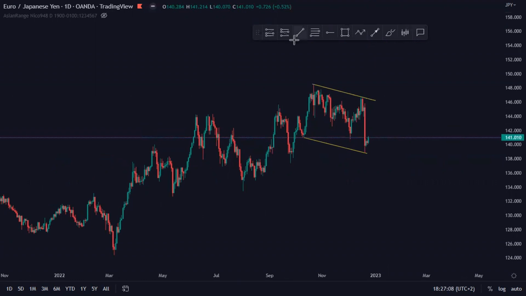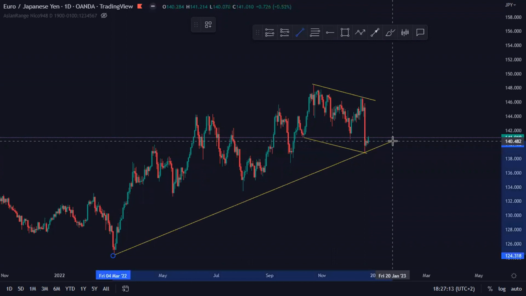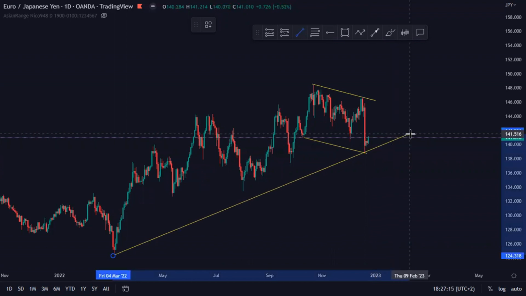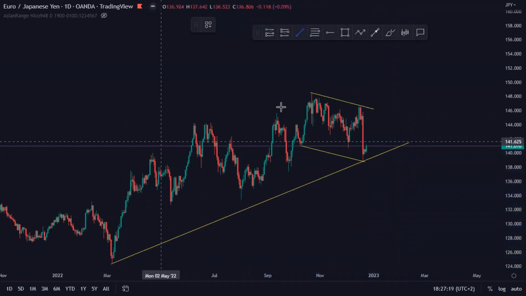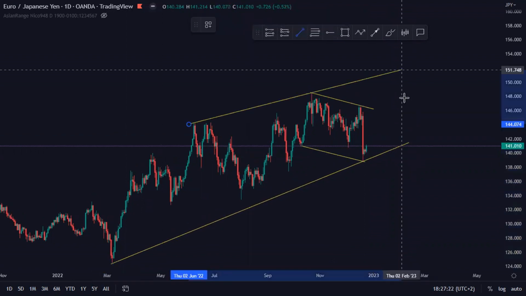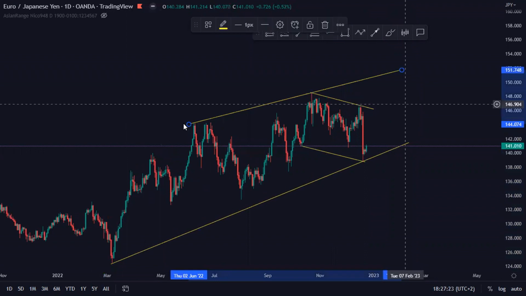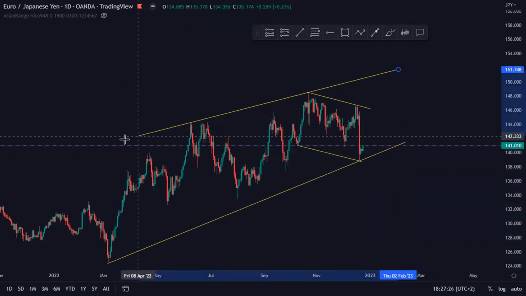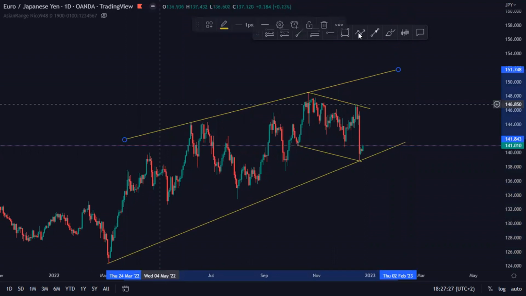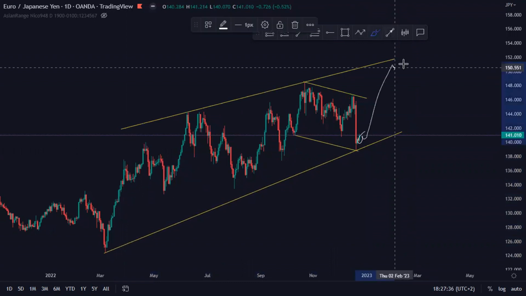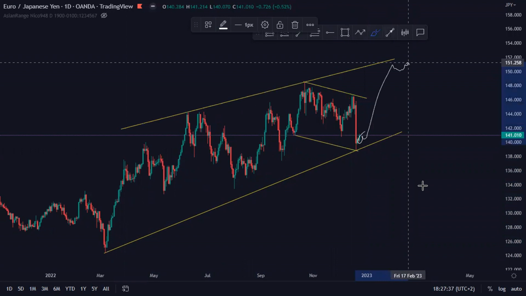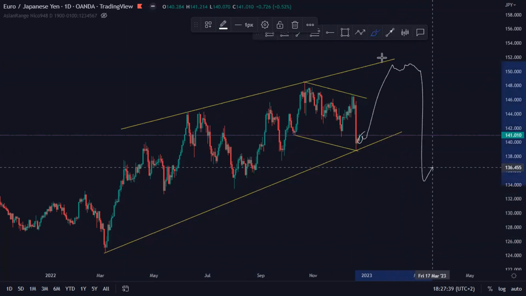Okay, so if you want you can even just plot it from there, saying 1, 2, and this can be your second touch there, and then you again plot it above here, 1, 2, expecting price to go up again that way, expecting price to again come from this area here to the upside, where now you can probably get something and then fall off again, and then we drop off.